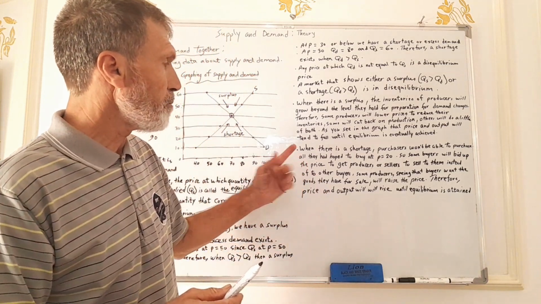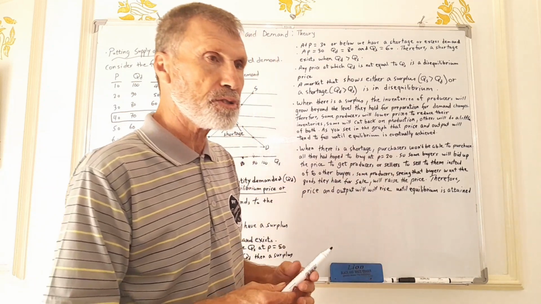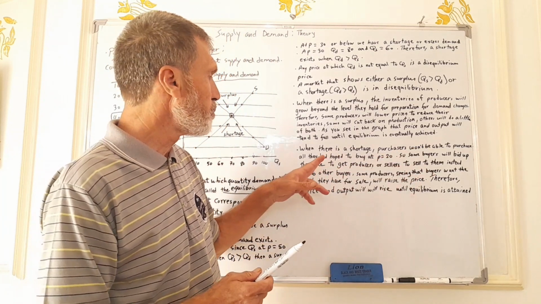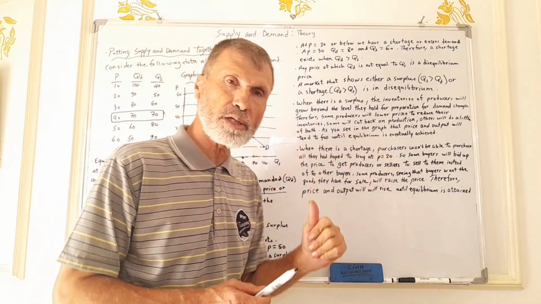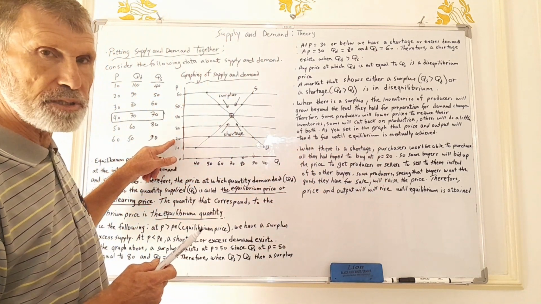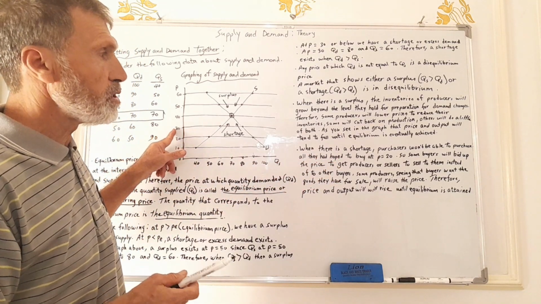The same thing can be said about a shortage. When we have a shortage, purchasers won't be able to purchase all they had hoped to buy at, for instance, P equal 20, or at P equal 10, or at P equal 30. So what do they do?